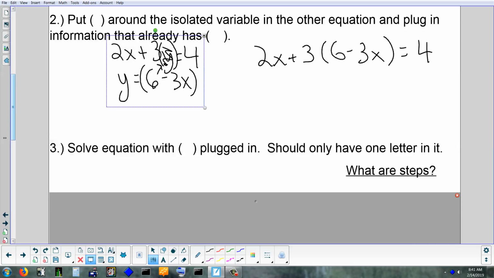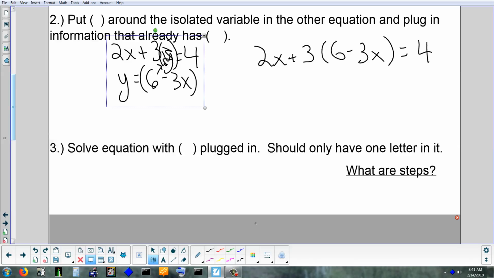Let's go down to step 3. We're going to solve the equation. So I'm going to take this information and bring it down here. 2x plus 3, parentheses 6 minus 3x, like Melanie just told us, equals 4. Now I'm at the point where I'm going to solve for one of the variables.